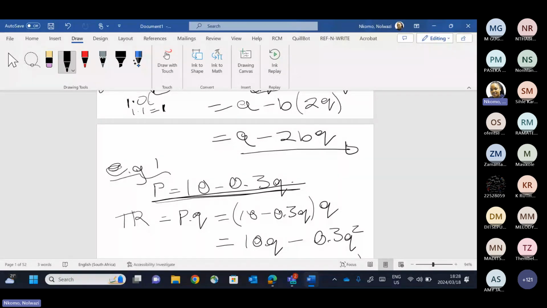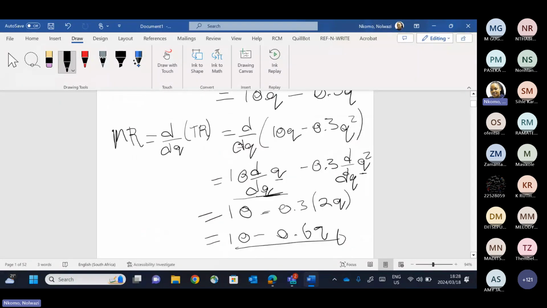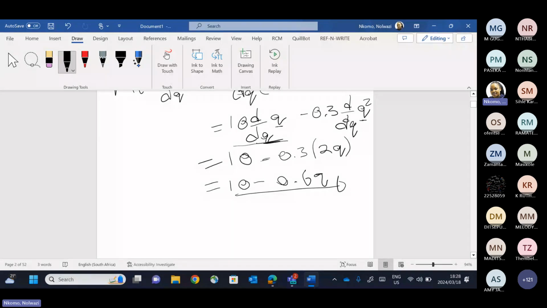Now, suppose you were told that they've sold 15 units.